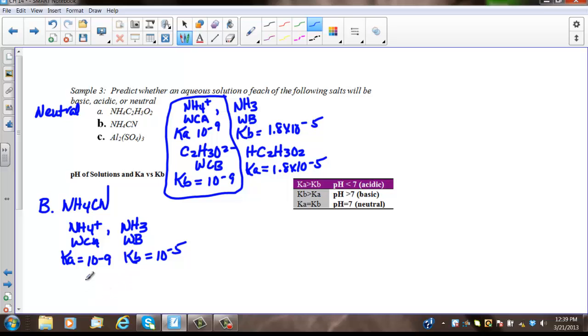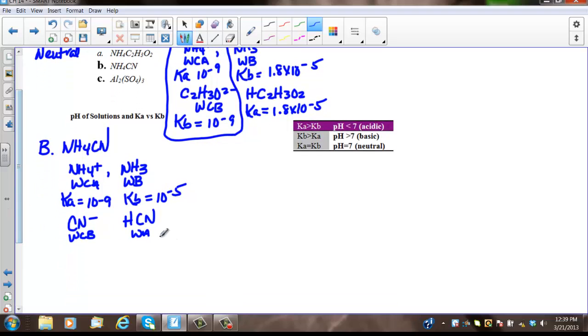Now let's look at CN. The CN minus ion is a weak conjugate base of a weak acid, HCN. So this is a weak acid, and we can find the Ka of this weak acid. We can look this up, and we know it's 6.2 times 10 to the minus 10. And we're just interested in the exponent, so that means that the Kb here is going to be 10 to the minus 4.